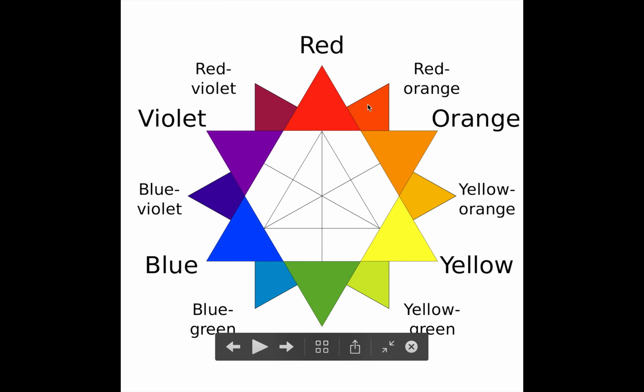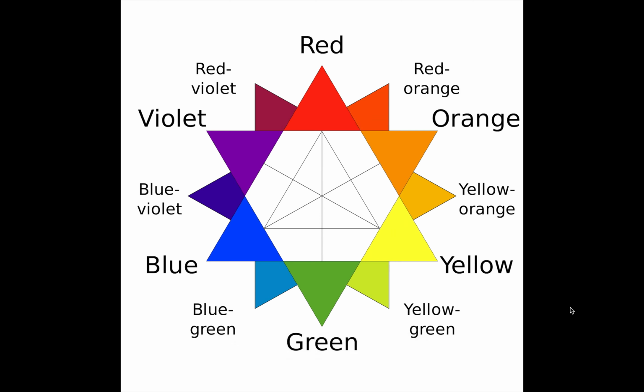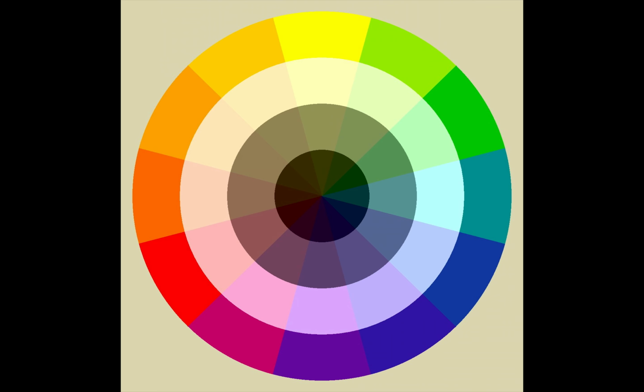So this is a wonderful representation of color, but you might be thinking, well, there are so many colors in the world that don't look exactly like the colors on this wheel. And that is most likely because they are not accounting for what we call the luminosity or the saturation of the color. So let's talk about hue, saturation, and luminosity. Hue refers specifically to where a color is on the color wheel.